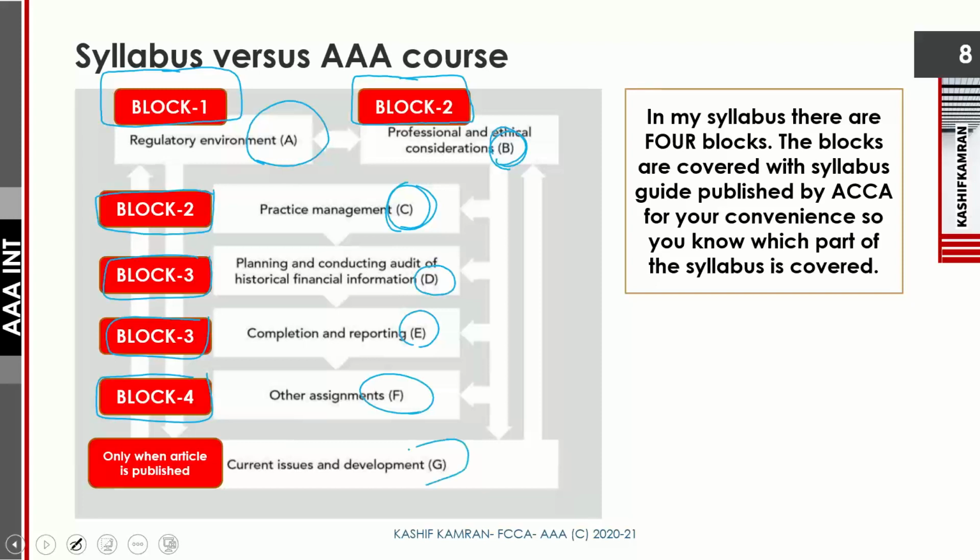Current issue, I cannot do anything about that unless and until that is published. If it is published, I'll do a lecture on it. But there are 6 syllabus areas minus the current issues, right?